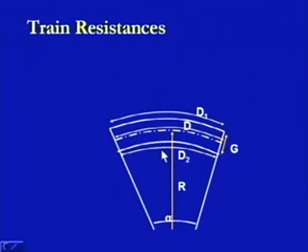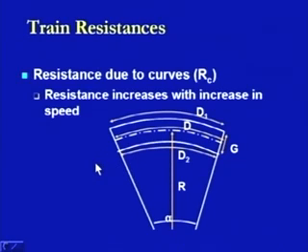Whereas if we come to the inner side of this curve, that is we are moving to a distance R minus G by 2, then we are moving a distance equal to d2. From this pictorial diagram itself, we can easily see that this distance moved d2 is going to be smaller than the distance moved d1, and this is what is to be taken into consideration as a curve resistance being offered by this curve.